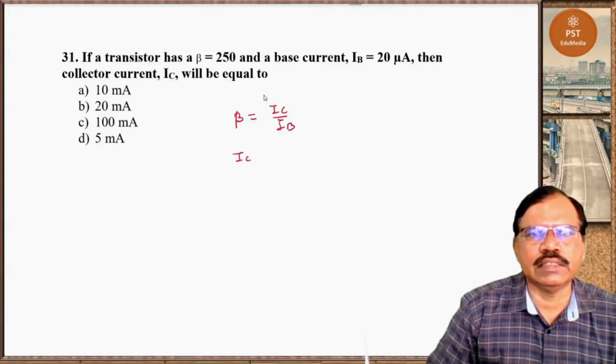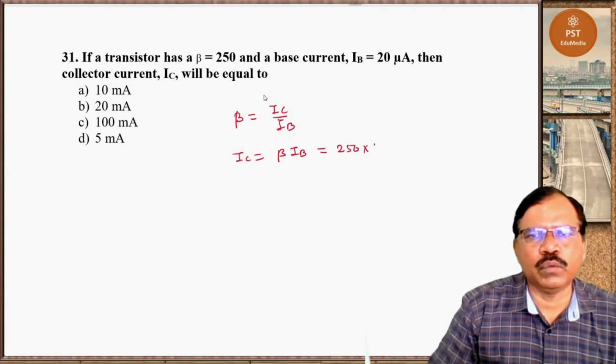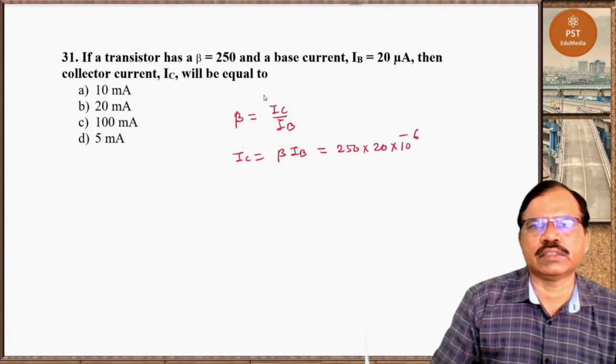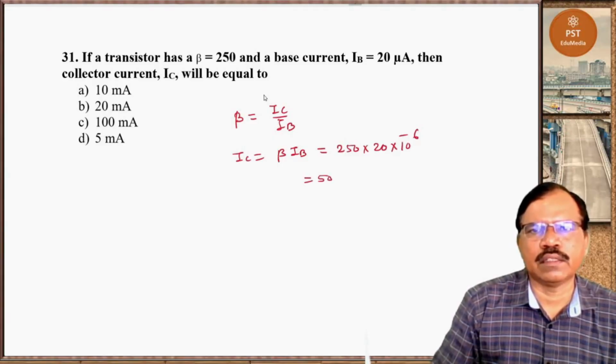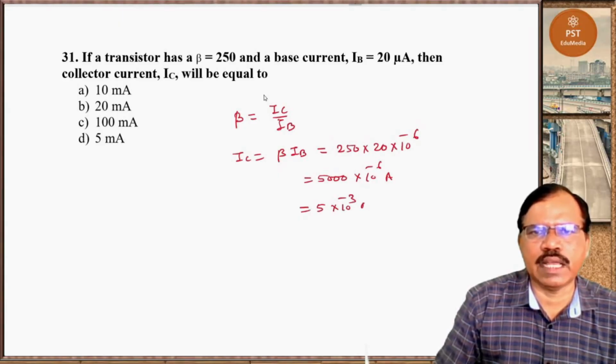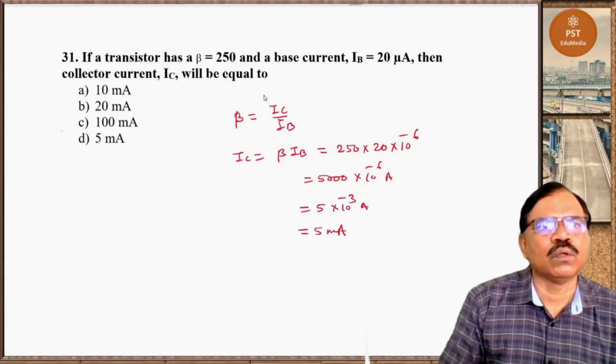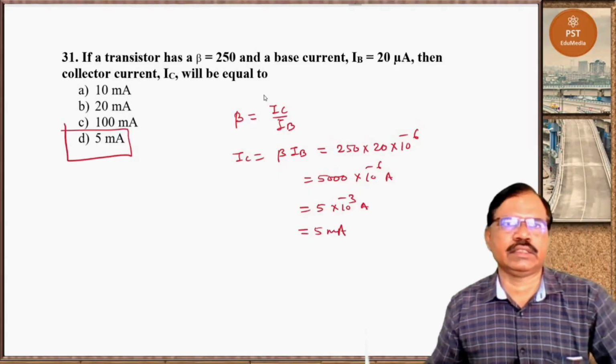So IC is equal to beta times IB. Beta is 250, IB is 20 microampere, means 20 into 10 raised to minus 6. So we get 5000 into 10 raised to minus 6 ampere. So 5 into 10 raised to minus 3 ampere. So it is 5 milliampere. So this one is correct.